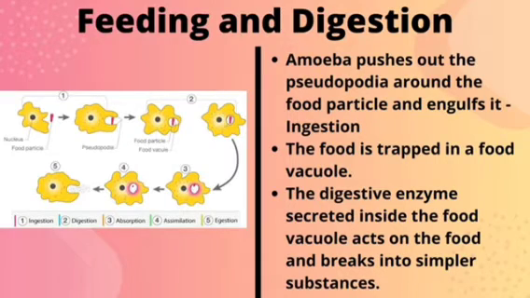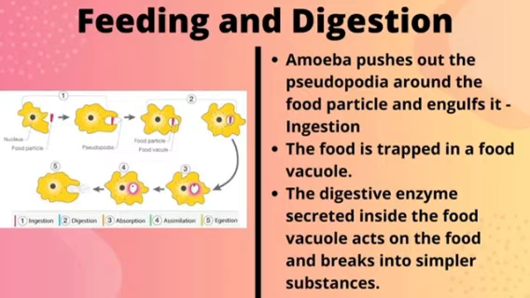It pushes out the pseudopodia and moves towards the food. It pushes the pseudopodia around the food particle and engulfs it along with a drop of water. This engulfing of food is called ingestion.